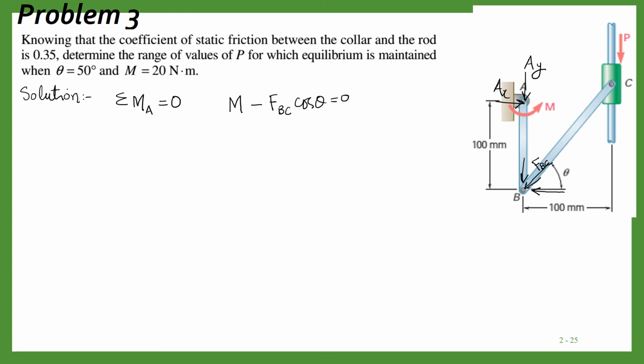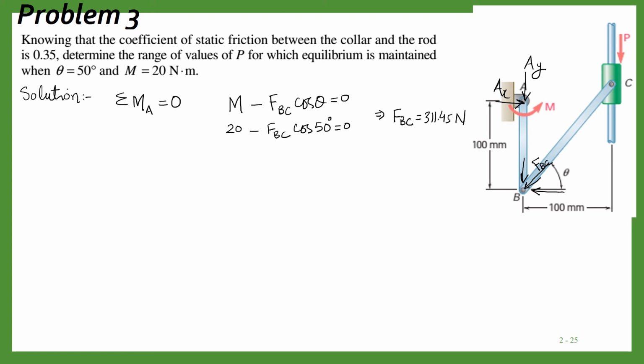Now this is 20 minus FBC cos 50 degrees equal to 0, and this will give us FBC. So the value of FBC comes out to be 311.45 Newton.